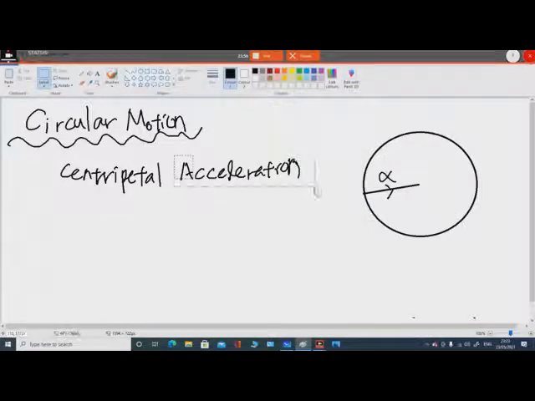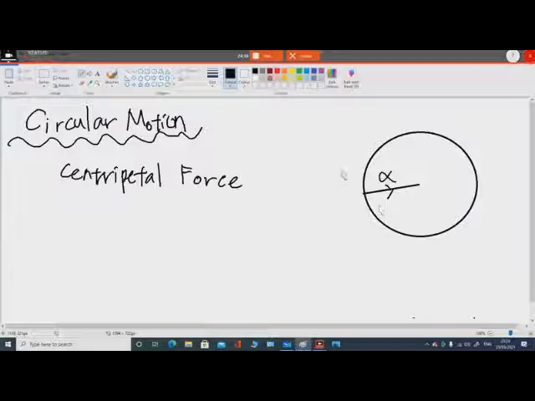This one should be centripetal force. My mistake, sorry. Centripetal force. As I mentioned just now, the centripetal acceleration is pointing towards the center of the circle.